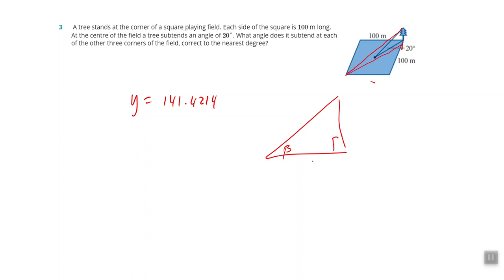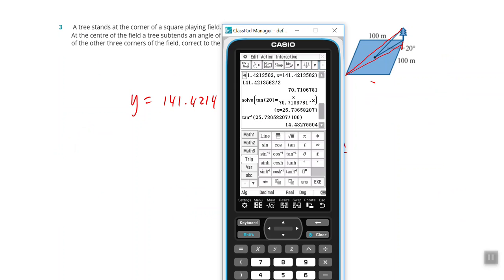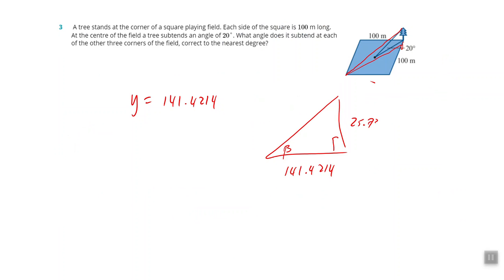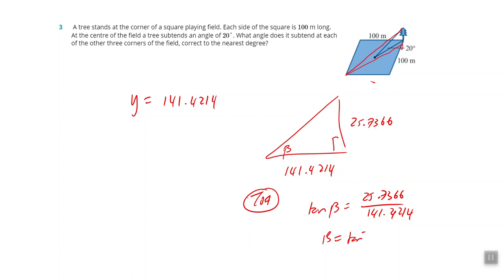So I know that y was 141.4214. The height of the tree was 25.7366. So again it's the tan ratio, TOA ratio. So tan of beta equals 25.7366 divided by 141.4214. So beta equals the inverse tan of that.